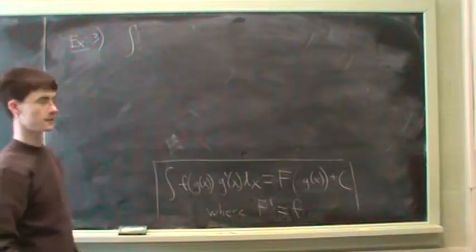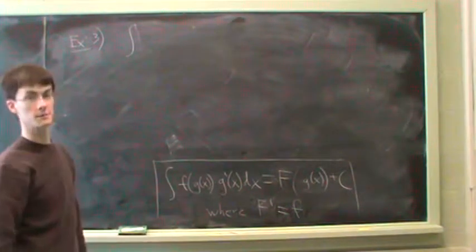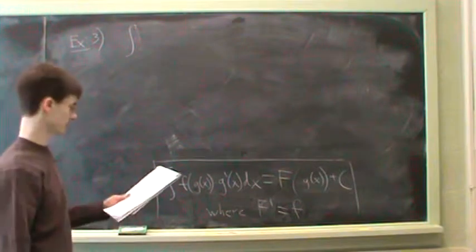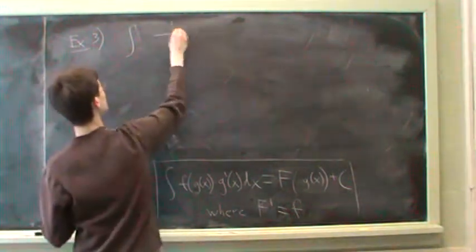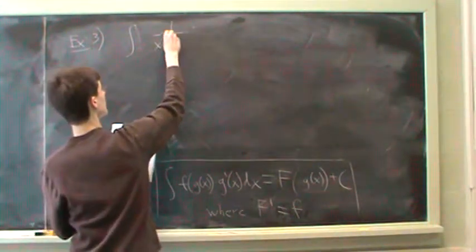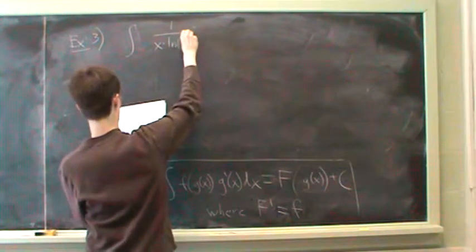So now I want to do a problem which seems more complicated than the ones we've been doing. Let's try to integrate 1 over x times the natural log of x.